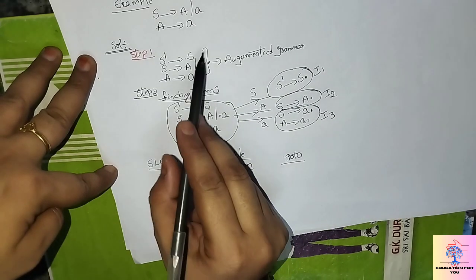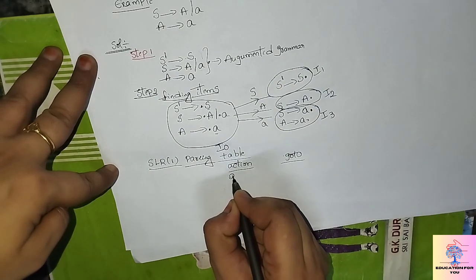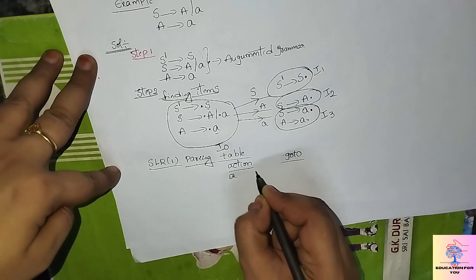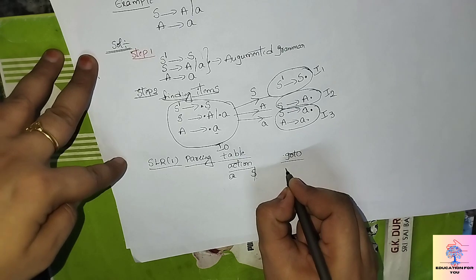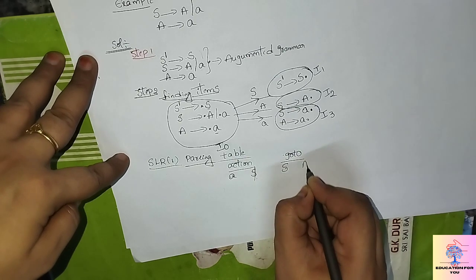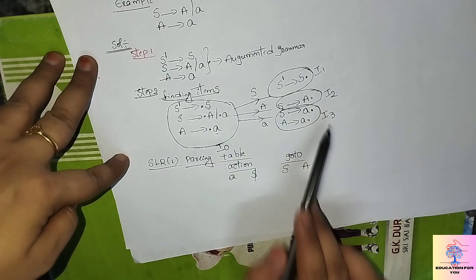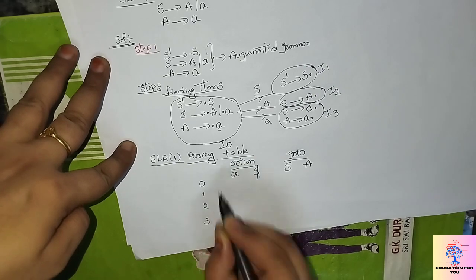What are the terminals in your grammar? Small a, and after the terminals we have to take the dollar. In go to take the non-terminals. What are the non-terminals? S and A. How many states did you get here? 0, 1, 2, 3. So mention rows 0, 1, 2, 3.